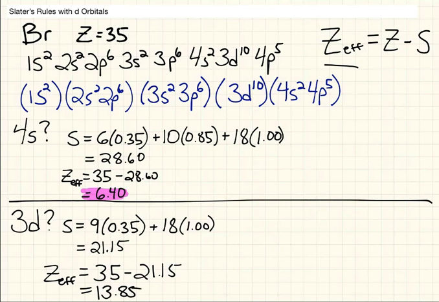Okay, and that is, of course, a much larger number than the 6.4, but that's because we're talking about electrons that are significantly closer to the nucleus and have significantly less electrons shielding them out. So of course, our d electrons are more tightly bound to the nucleus here than our outer 4s are. But anyway, that's how you deal with d orbitals. And that will help you certainly in some of the practice problems and dealing with any curveballs that you might see.